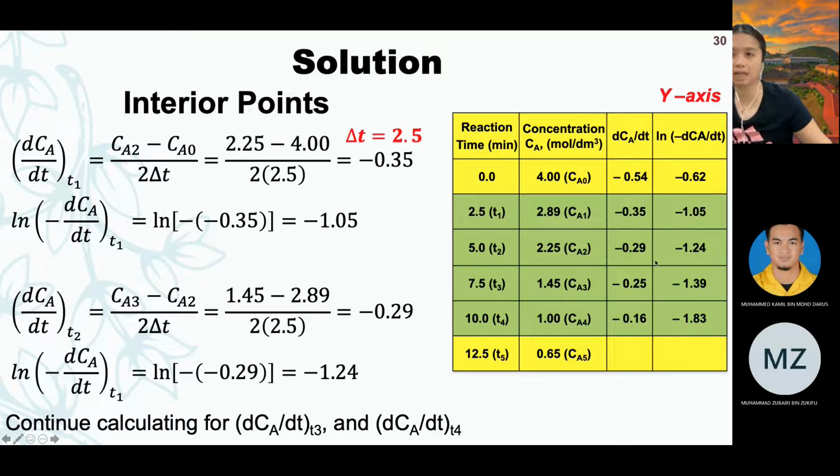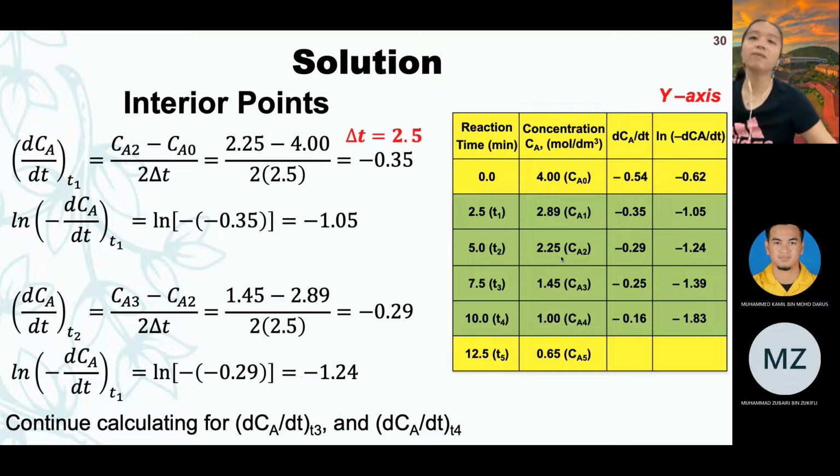The third data, the third row, dCA per dt equals to concentration after 1.45 minus concentration before 2.89 divided by 2 delta T. The fourth point ataupun the fourth row will become dCA per dt equals to 1 minus 2.25 divided by 2 delta T, and so on until you get the fourth point.